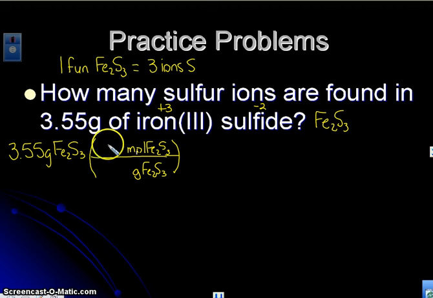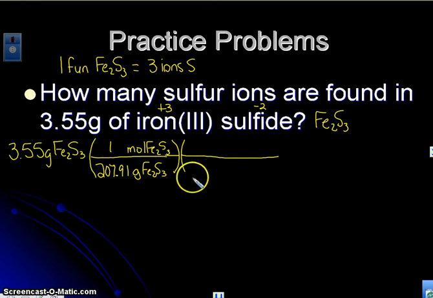I hope you've already done that. And that gives us a molar mass of 207.91 grams. That's a decimal there. Let me erase that, fix it. And that's 207.91 grams. Our molar mass is the number of grams in 1 mole of a substance. So 207.91 grams of iron 3 sulfide in 1 mole.